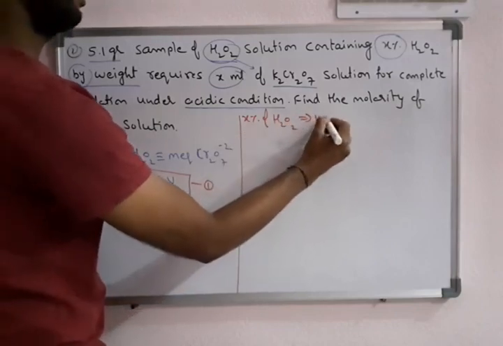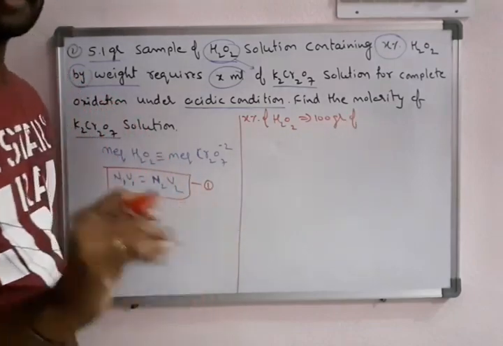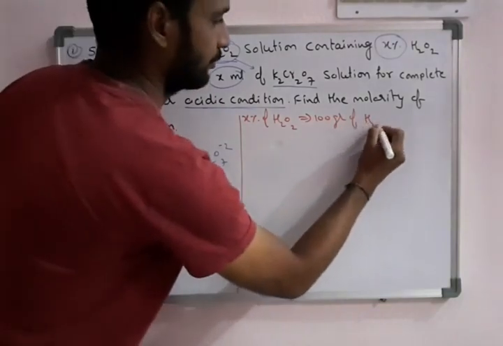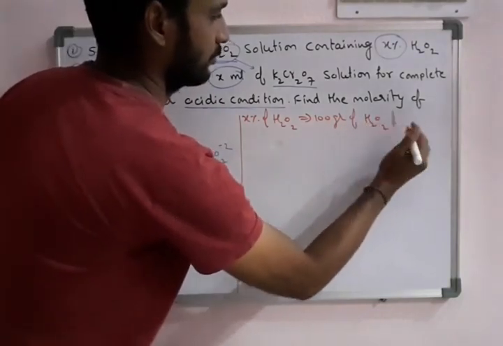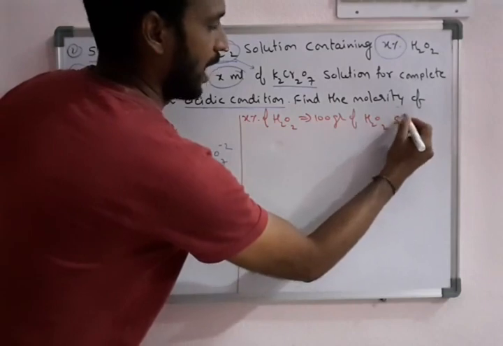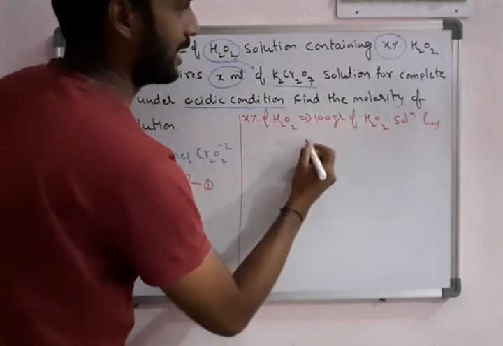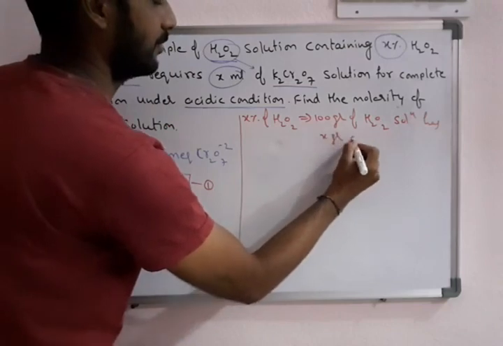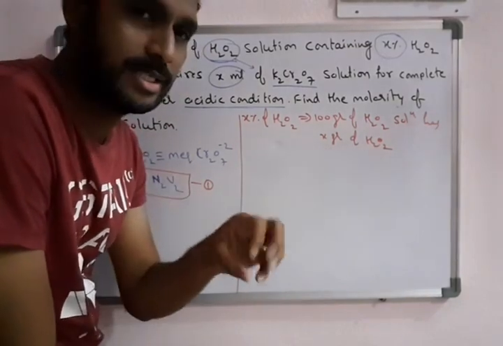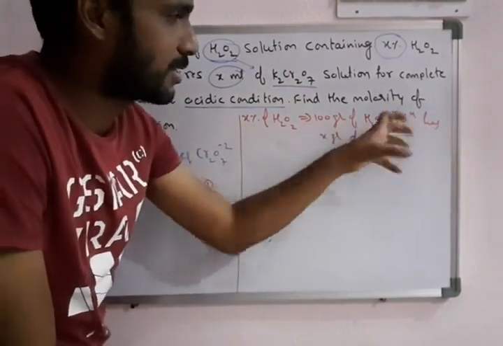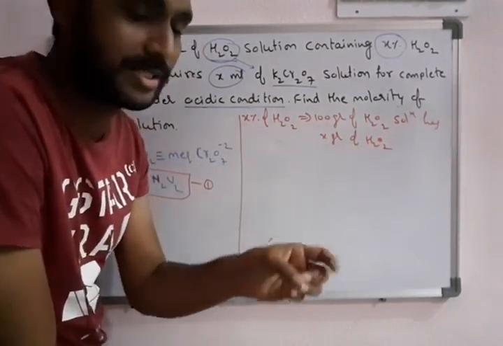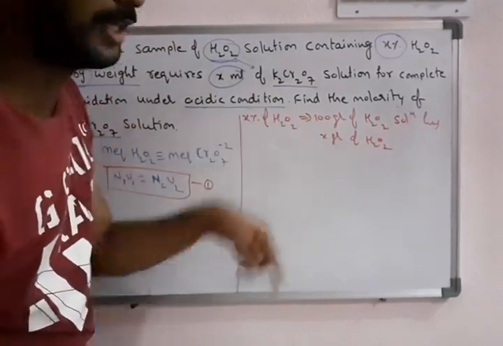It means 100 grams of hydrogen peroxide solution has how much amount? X grams of hydrogen peroxide. Means X grams of hydrogen peroxide is dissolved in 100 grams of hydrogen peroxide solution. Nothing but X grams of hydrogen peroxide is present in 100 grams of hydrogen peroxide solution. The X percentage means that only.